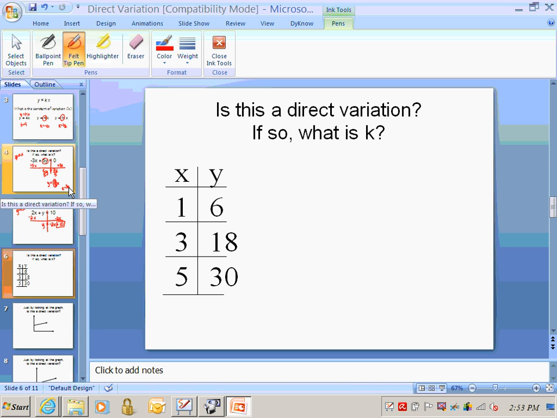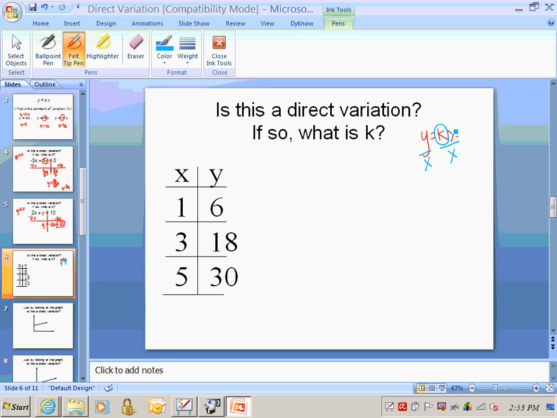In a table form, if I have y equals k times x, if I was going to solve for k in an equation, so this is just kind of off topic real quick. If I wanted to know what my k was, to solve for k, I could divide by x.